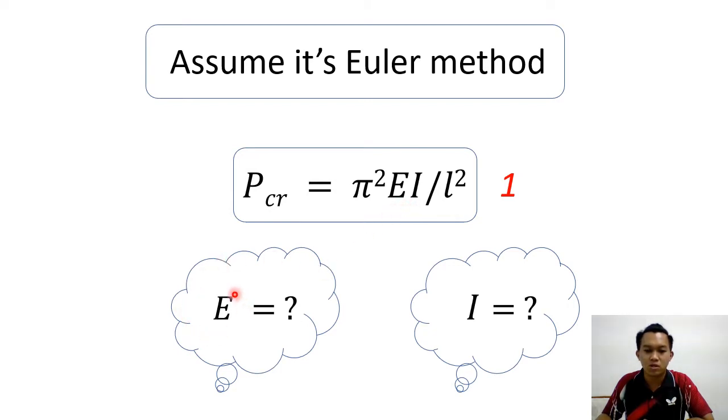The first unknown is E, the elastic modulus, and the second unknown is I, the moment of inertia. For E, we can directly refer to table 3.1 to get the value. For I, first we have to look for the area of the square tube.